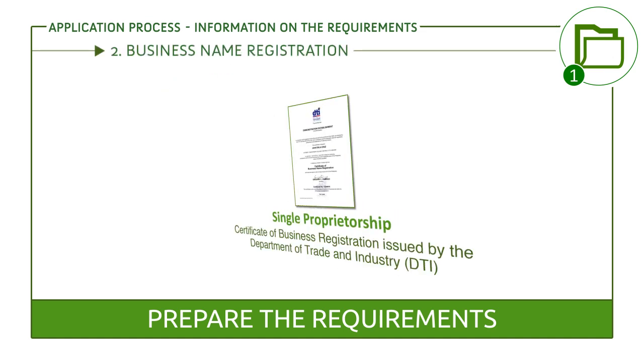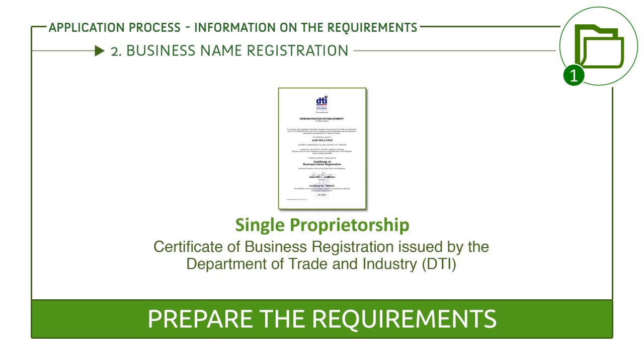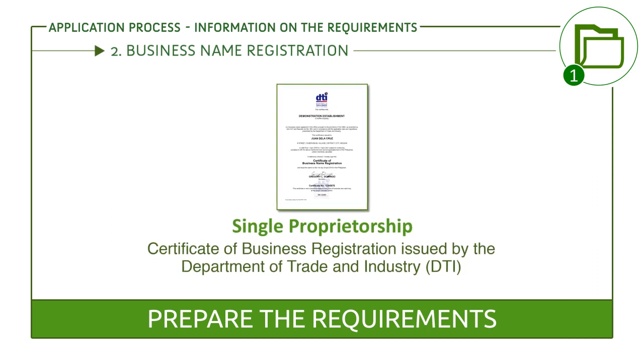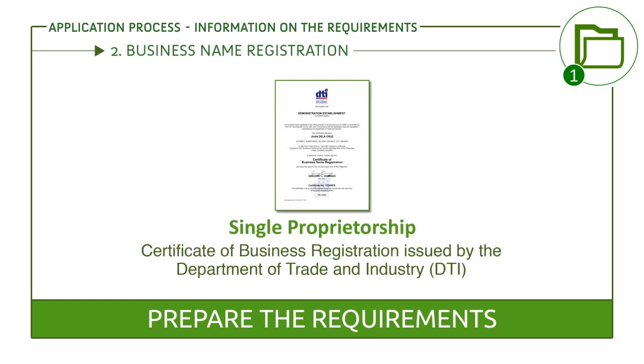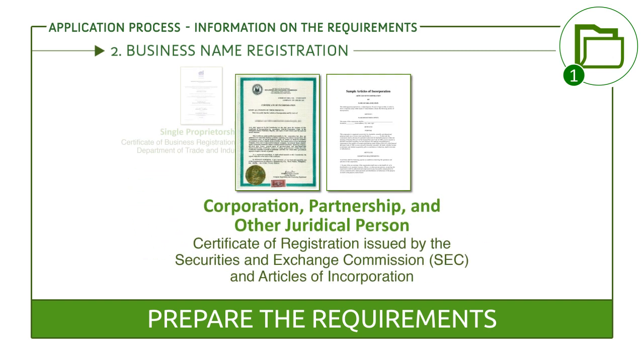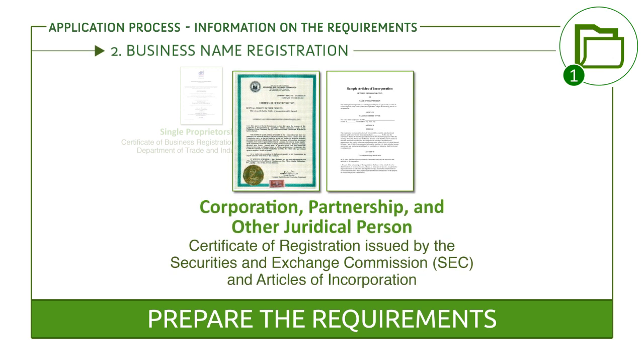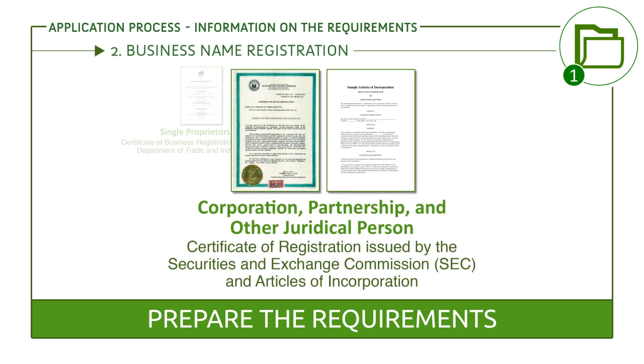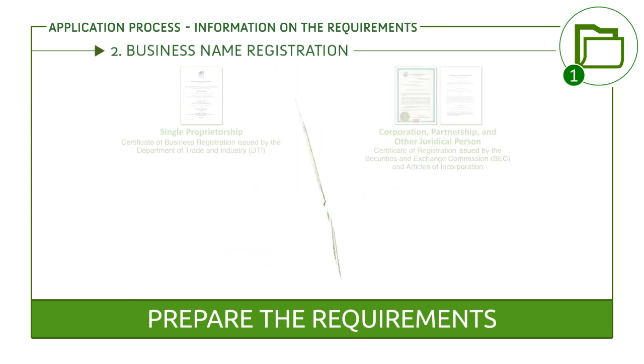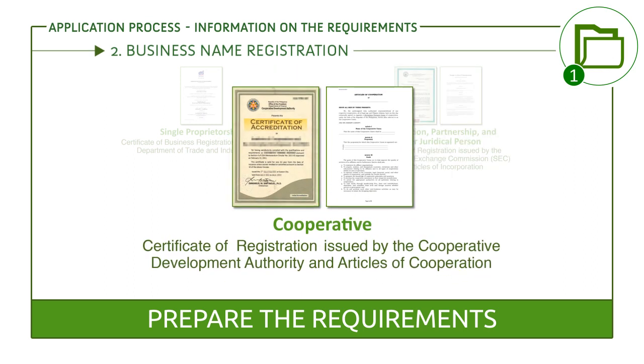Business name registration. For single proprietorship, Certificate of Business Registration issued by the Department of Trade and Industry (DTI). For corporation, partnership and other juridical person, Certificate of Registration issued by the Securities and Exchange Commission (SEC), and Articles of Incorporation.